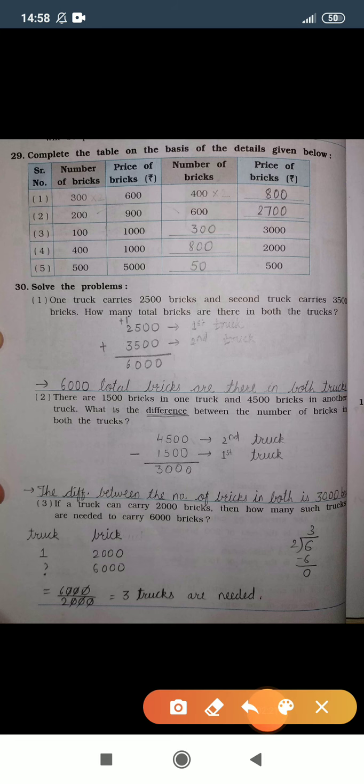Let's see question number 2. Number of bricks 200, price of the bricks 900 and 600 bricks were given and you need to find out the price of 600 bricks. Let's see. So in question number 2 what we had given: bricks and price. 200 bricks cost rupees 900.